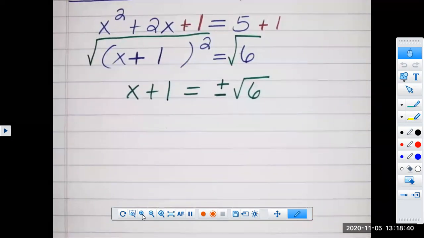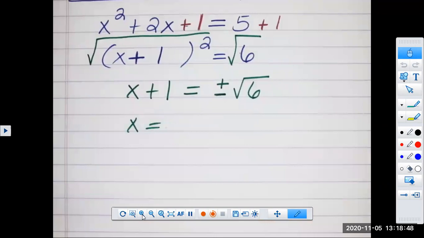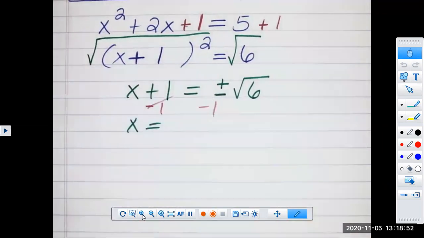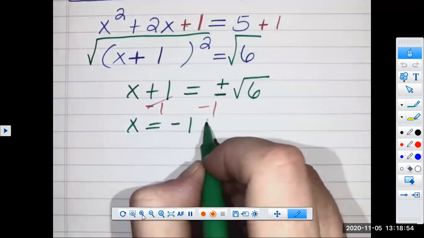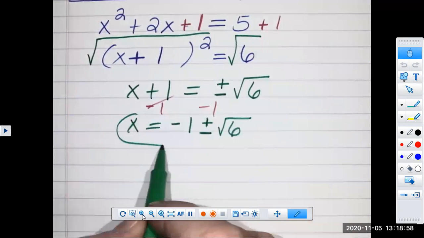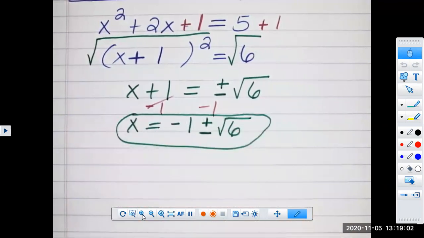It's not a perfect square, plus it will not break down. So when you subtract 1 from both sides, you have -1 plus or minus the square root of 6. Those are your two answers.